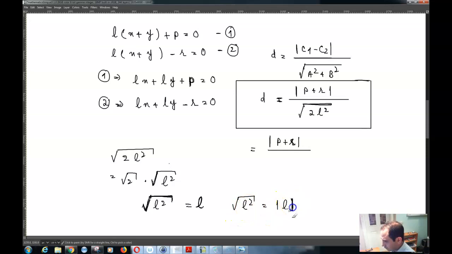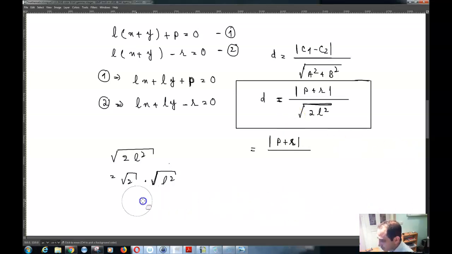The reason I'm using the absolute value function is that l might be a negative number. If it's a negative number, I don't really know what sort of logic they have used to simplify this equation.